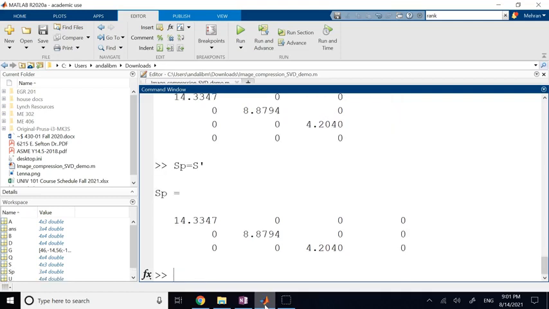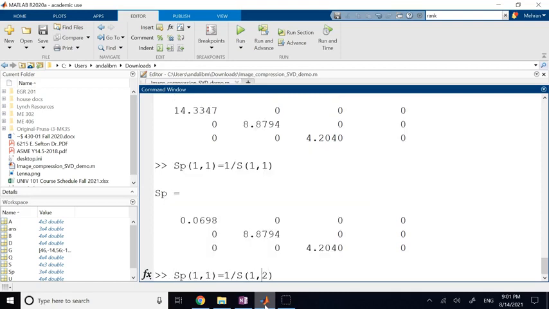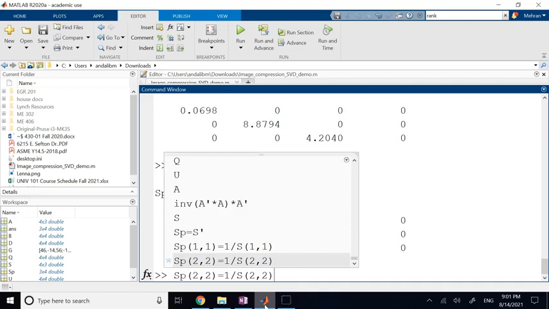So first I transpose it, and then any entry on the diagonal, I replace with 1 over the same thing that it was in S. I take the reciprocal, and then I do the same thing for element 2,2, and then element 3,3. You see, now the numbers are changing.